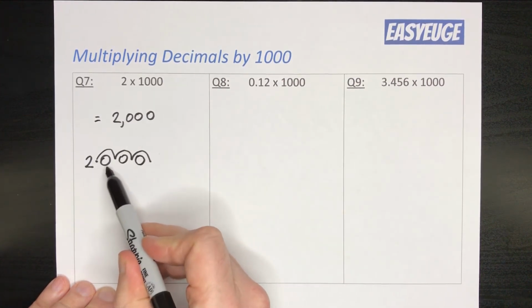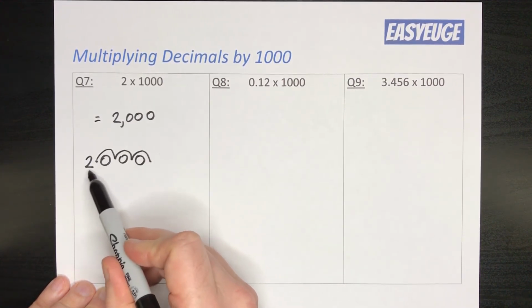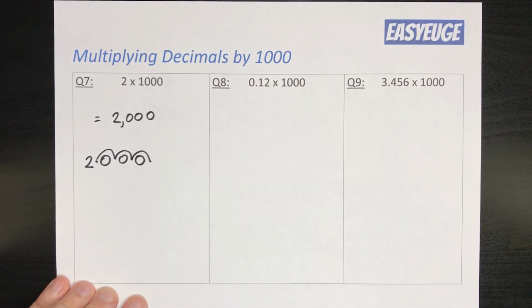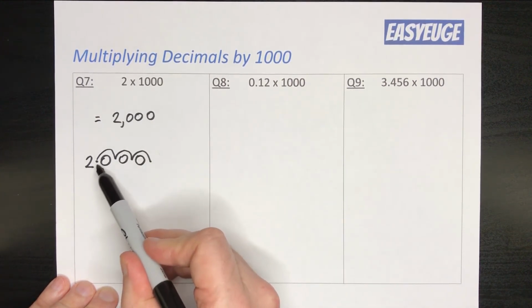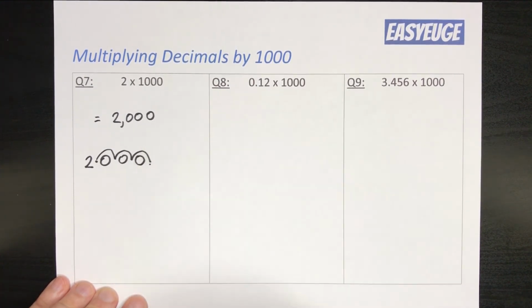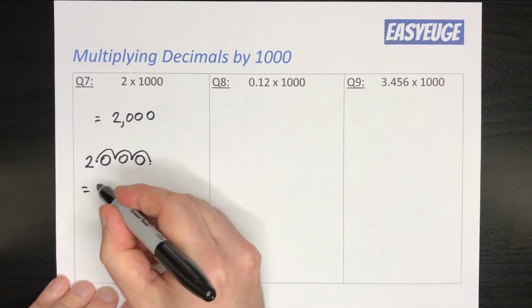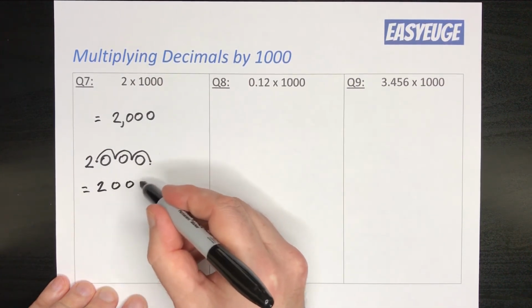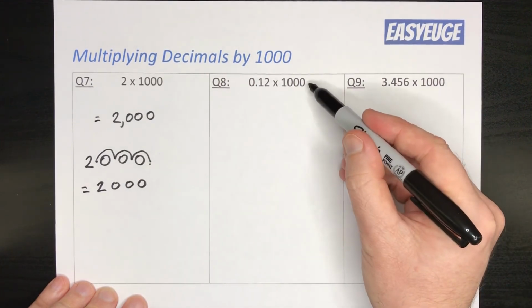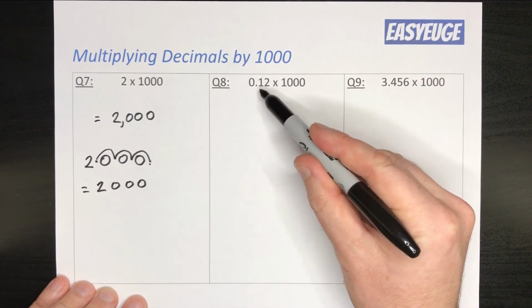Because 2.0 is the same as 2.000. So if we've moved the decimal point 1, 2, 3 places, it's ended up at the end down here. So this number becomes 2000.